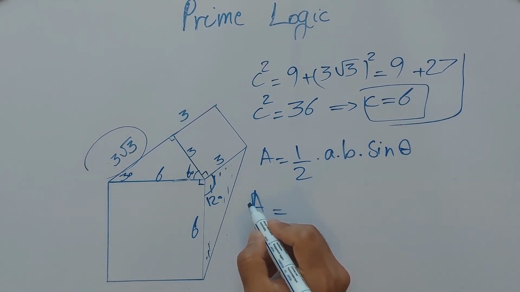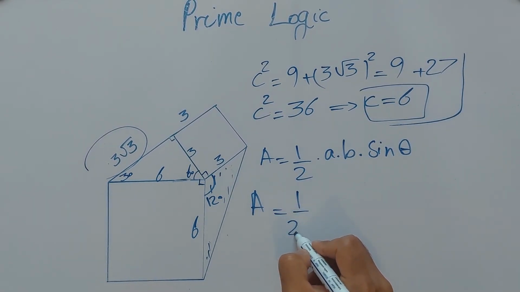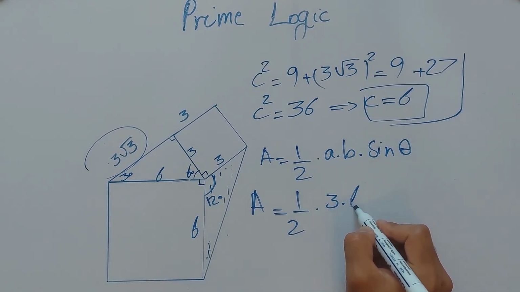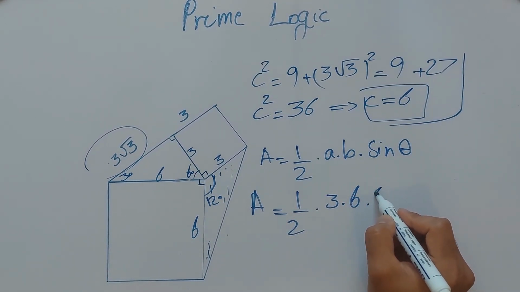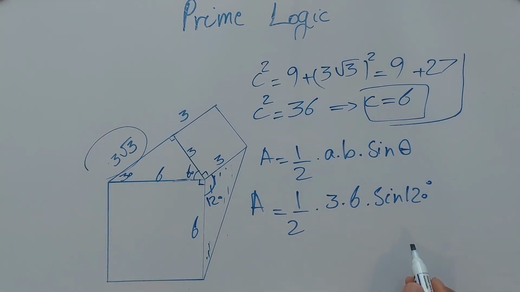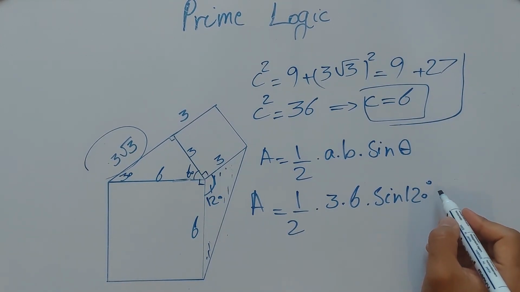So let's calculate it. The area of this triangle equals 1/2 times 3 times 6 times sine 120 degrees. So what is sine 120 degrees? Sine of 120 degrees equals sine of 90 plus 30 degrees, because it is 30 degrees more than 90 degrees. So that's sine of 60 degrees.